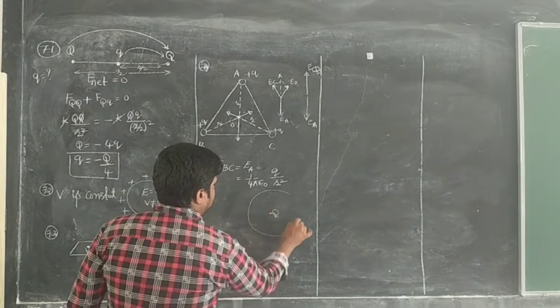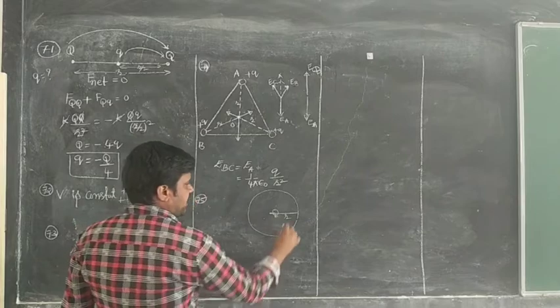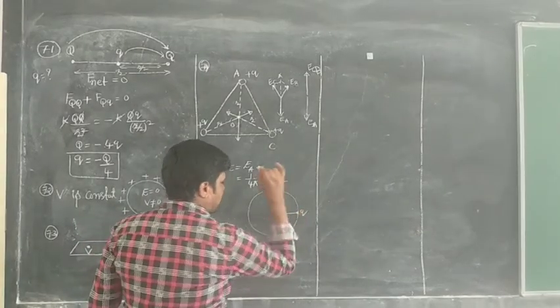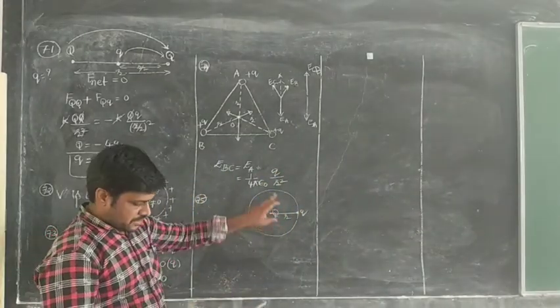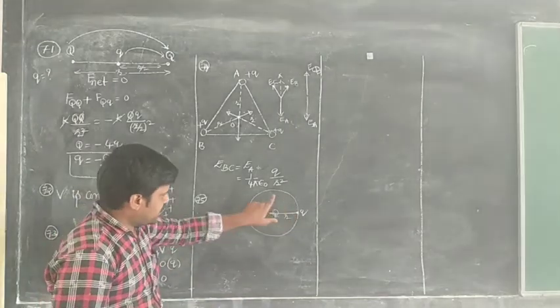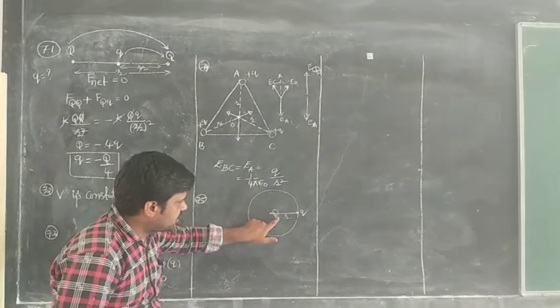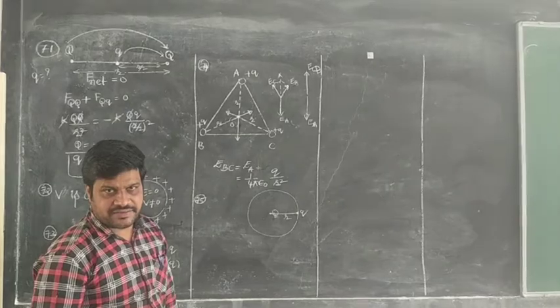Around this capital Q charge, at radius R, the small q charge is rotating. Now the question is what will be the work done to rotate the small q charge around this capital Q charge.